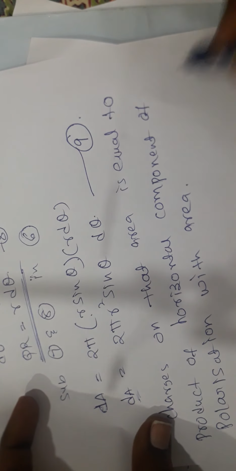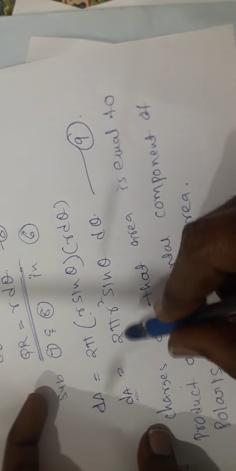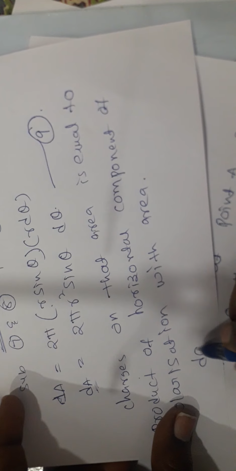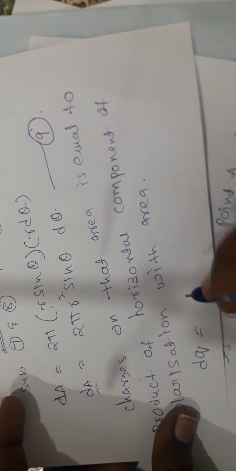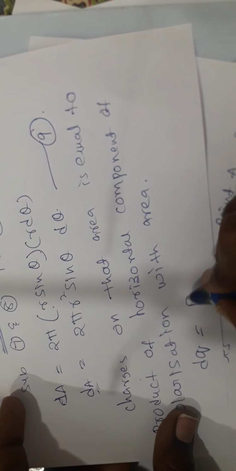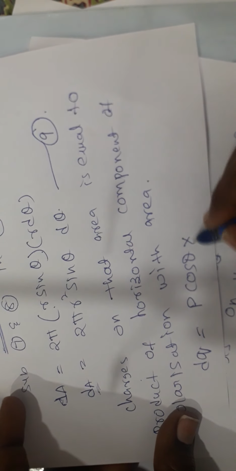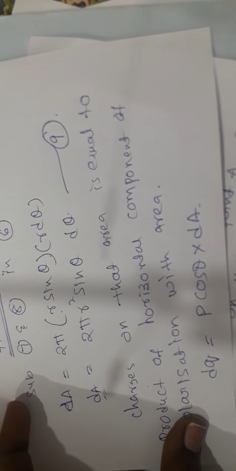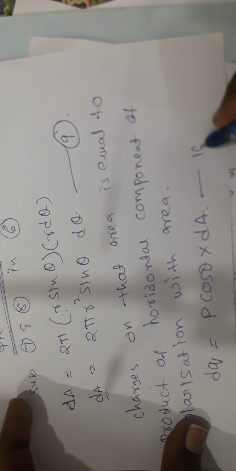So we get the total charge on that area. So dq equals, what is the horizontal component? P cos theta is the horizontal component, multiplied with dA. Now this is equation number 10.